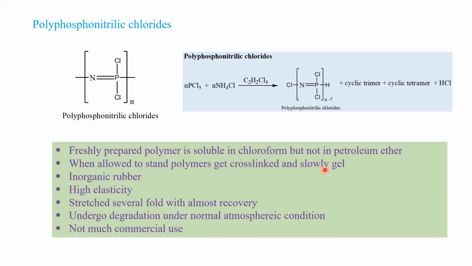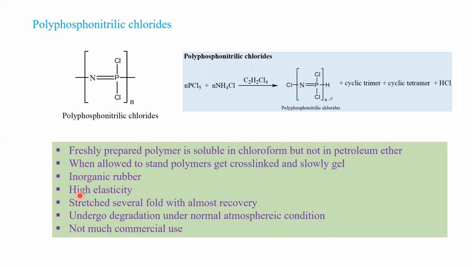When we allow the polymer to stand in chloroform, the individual polymer chains become cross-linked through bonds, and it is converted into a gel form. It is known as inorganic rubber because it has high elasticity. Rubber means they are elastomers, they show elasticity.